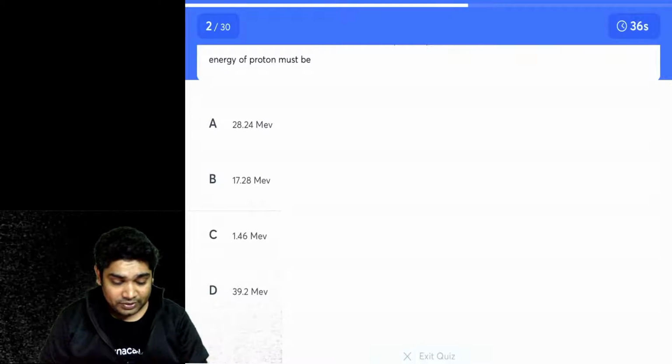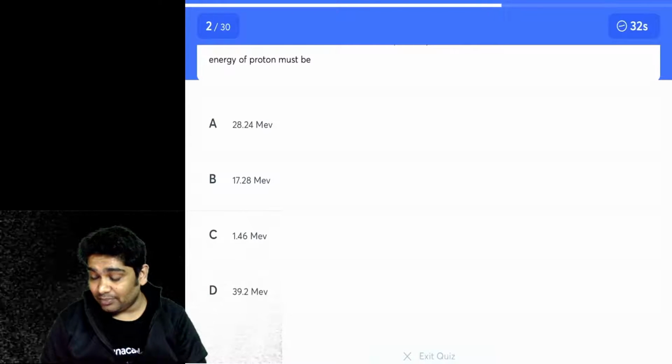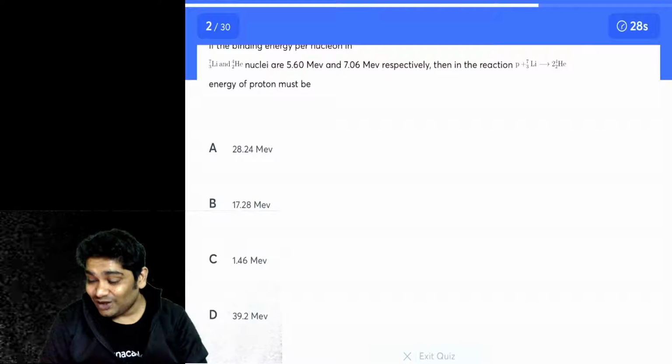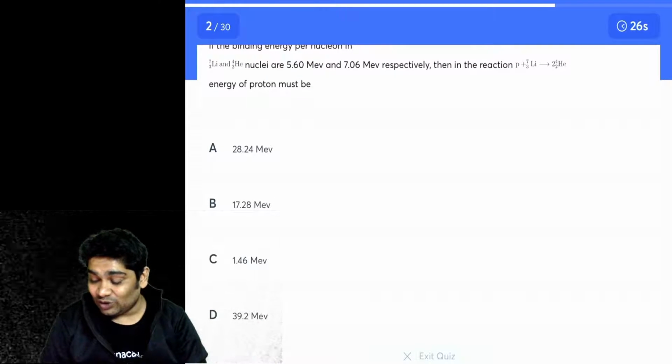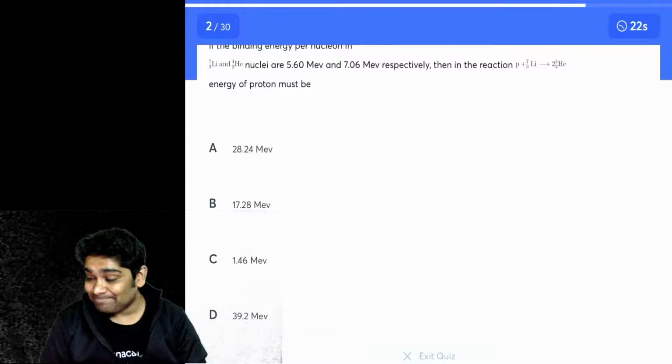Is it going to be 28.24 million electron volts, 17.28 million electron volts, 1.46 million electron volts, or 39.2 million electron volts?